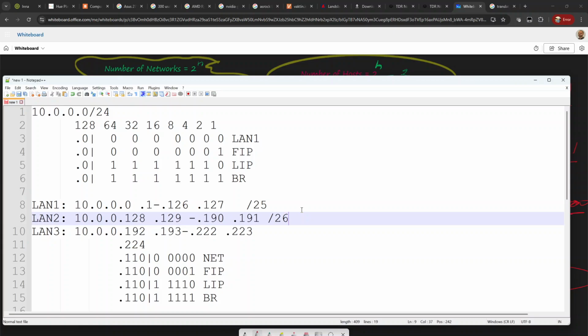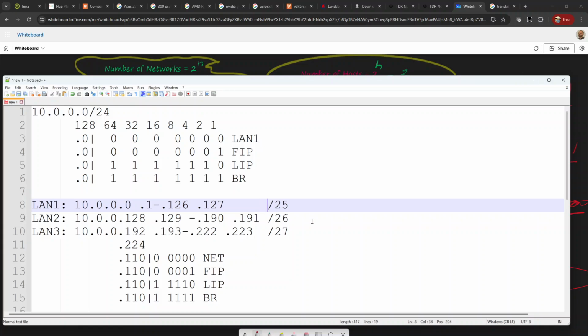And then in the last LAN, we have 5 bits in the host field, so this is /27. So the subnet mask always changes. It's variable length: the length of the subnet mask changes from /25 to /26, /27, and so on and so forth.